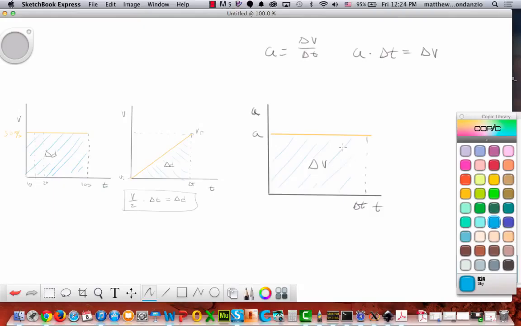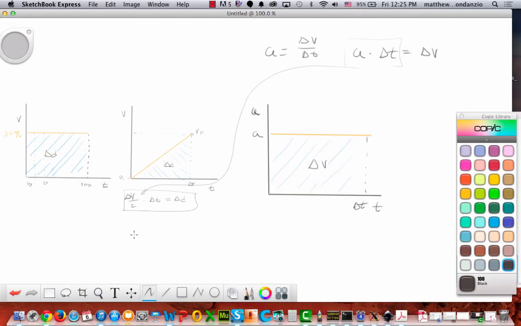Okay, and so what I can do now is try and figure out, and this is, by the way, our change in velocity over 2, right? Because it's from this to this divided by 2, right? So if I know that my delta v is equal to this, I can plug this guy into here.